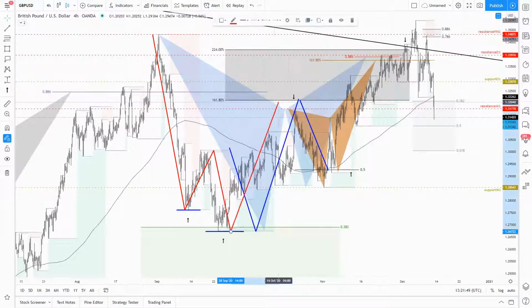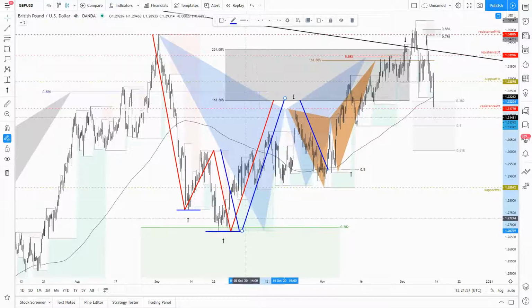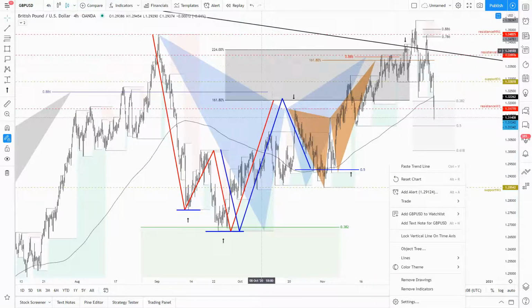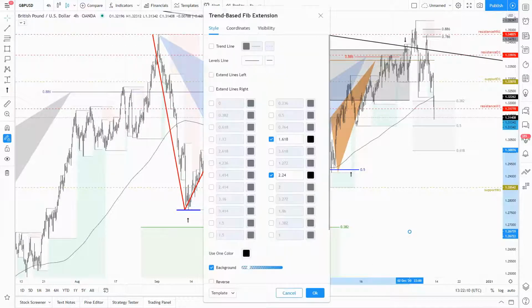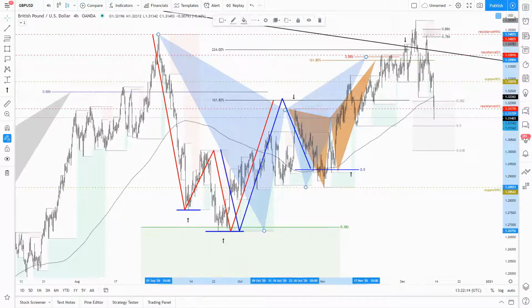So we have a shark pattern there, but these very last three swings in blue will form the bullish 5-0 sequence. Let me remove some background here.